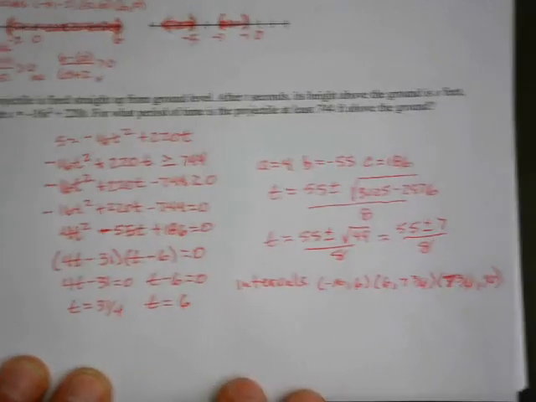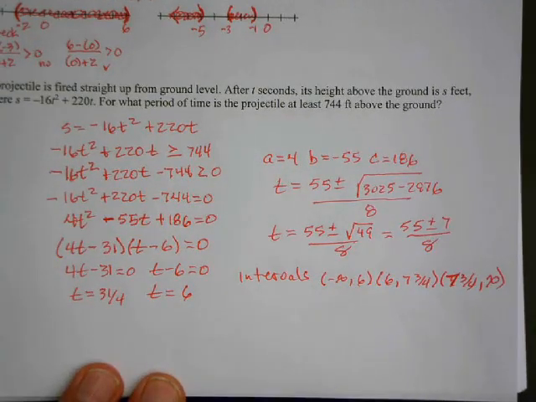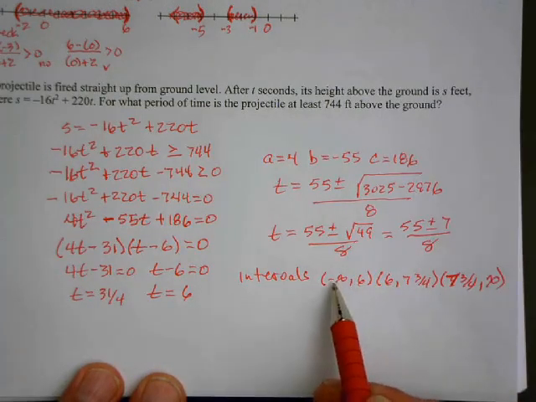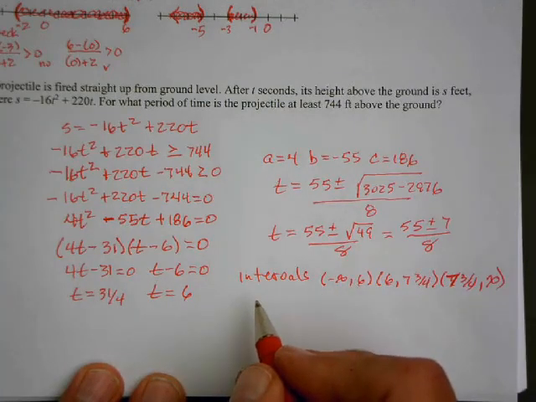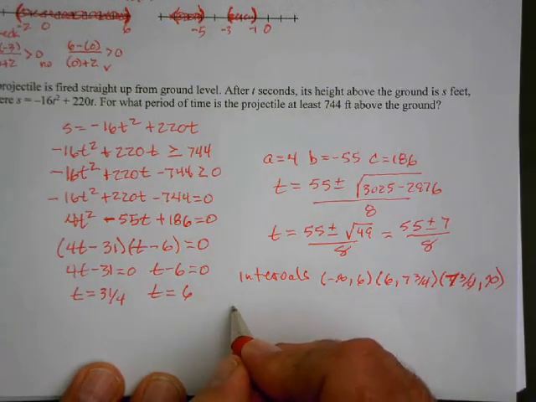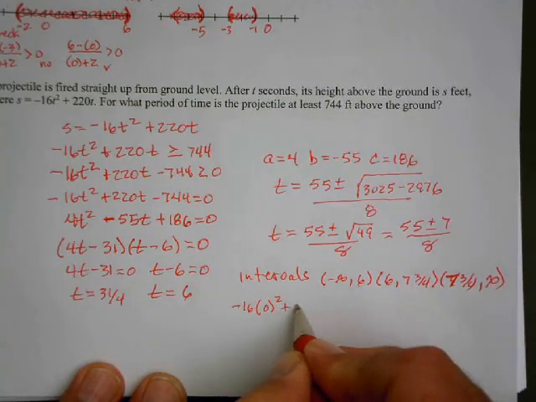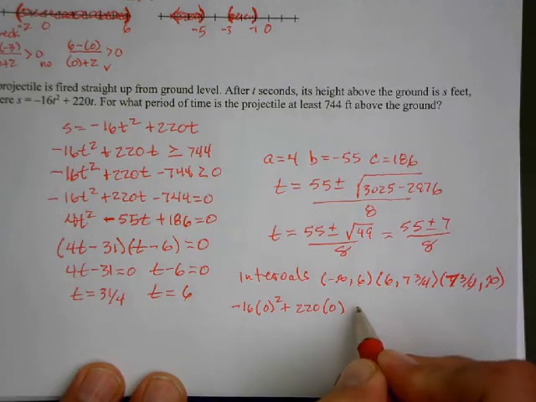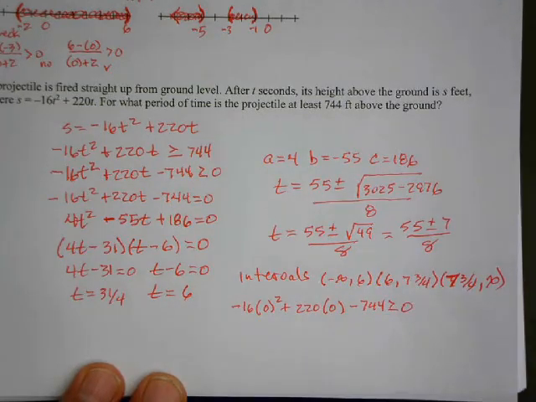So this one's from negative infinity to 6, so it's really easy to do the 0 case. Negative 16 times 0 squared plus 220 times 0 minus 744. Is that greater than or equal to 0? Well, this is 0, this is 0, that's negative, so that's no. So we can see that that didn't work.